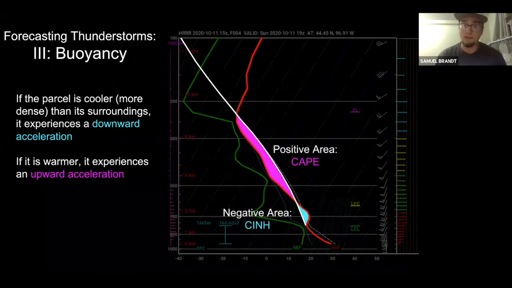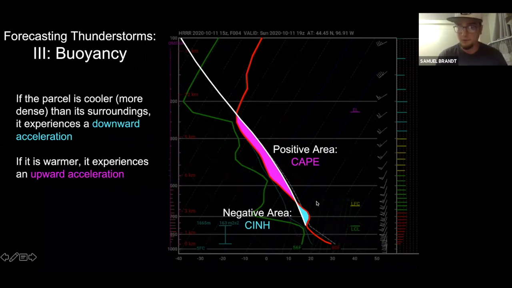So we have this positive area representing CAPE. It's an abbreviation for convective available potential energy. And then negative area, which we call CIN, it's an abbreviation for convective inhibition. All these are is just a measure of how much energy is available to convert to kinetic energy as a parcel is accelerated through it.